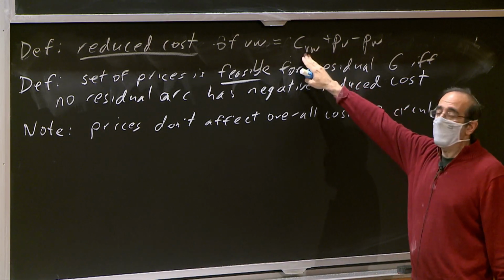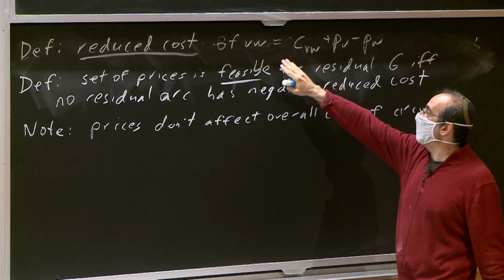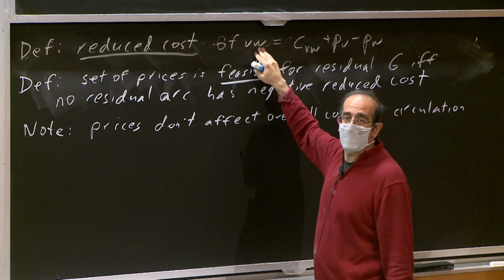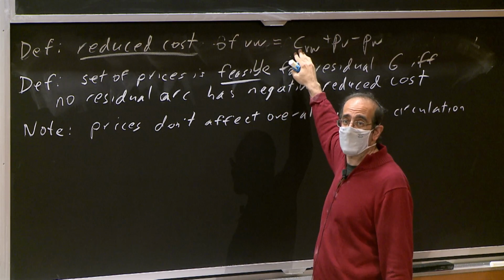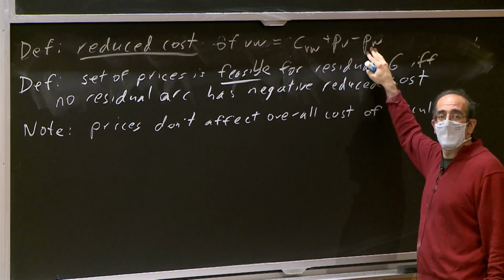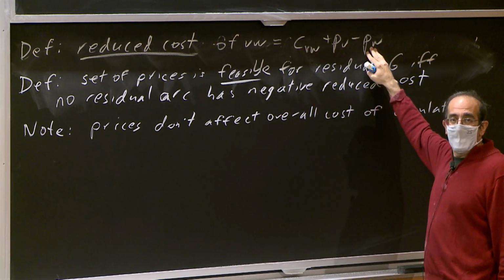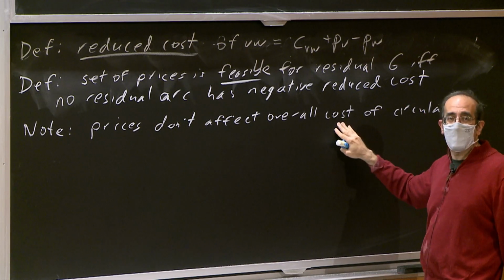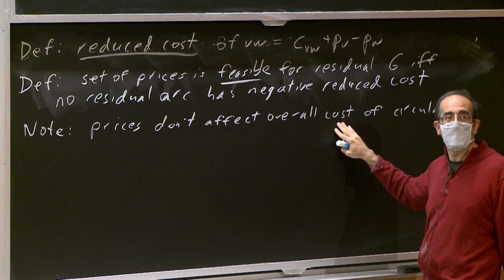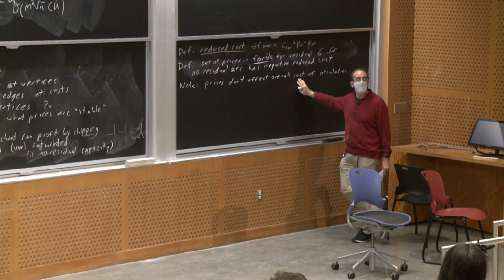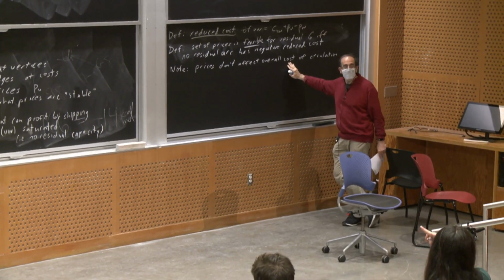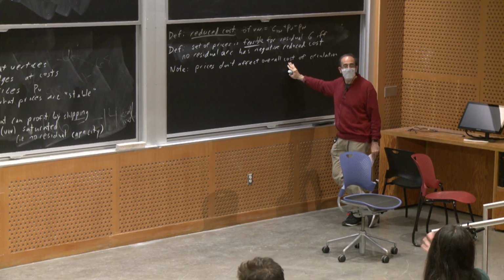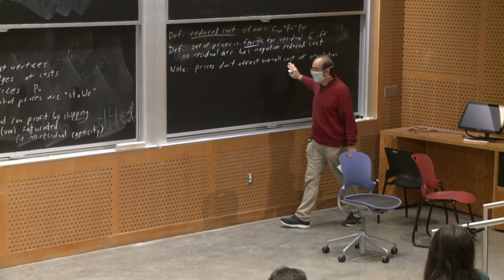So I'm basically giving some new costs to the edges, right? Each edge had an old cost. Now I change it by PV minus PW. Why does that not change the cost of the circulation? Yes? When we sum through all the arcs, those additional PV and PW's telescope.